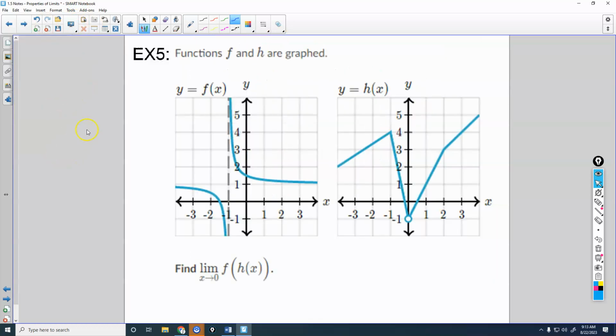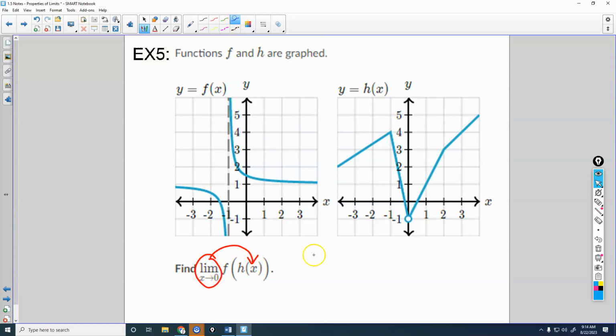Let's look at this, okay? Functions f and h are graphs. So we've got f here, we've got h. They're asking us to find the limit as x approaches 0 of f of h. So I think this is probably what you're more likely to see on the quiz, ones that actually have the graphs for you, so you don't have to graph it with Desmos. So what we would do first is we would do the limit of the inside.